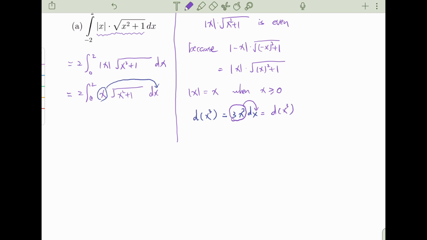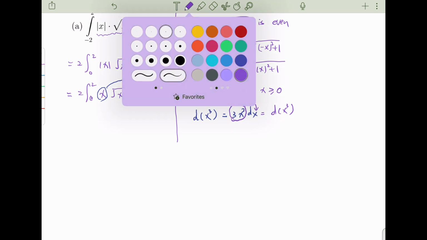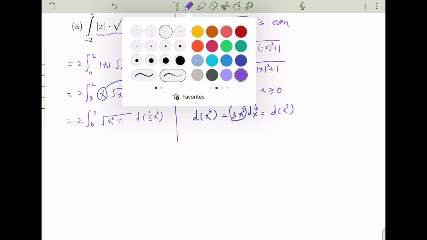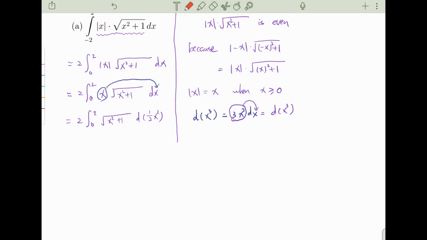So what I'm doing here is this thing. Okay, so now twice of this, the square root of x squared plus 1, d of 1 over 2 x squared, right? And now I see that there's a 1 over 2 inside the differential sign, which can be cancelled with the 2 outside of the differential sign.